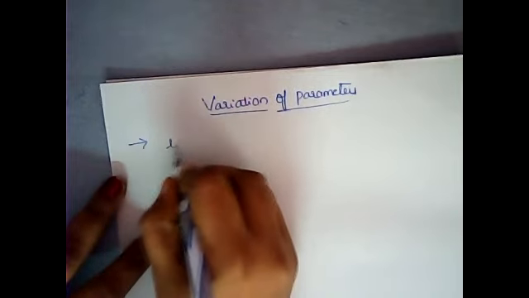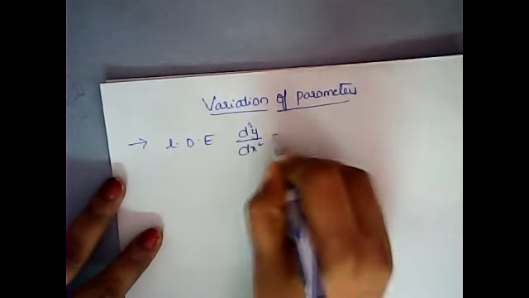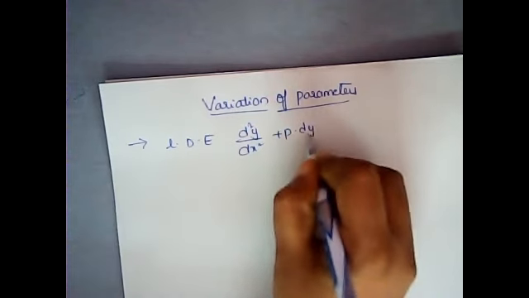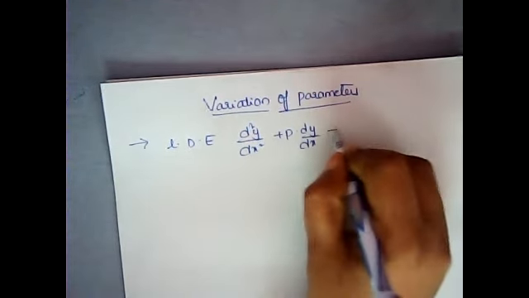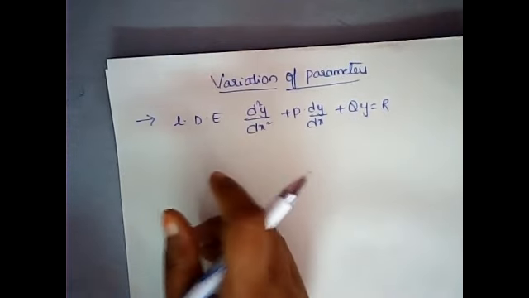Which is in the form of the linear differential equation, d square y by dx square plus p into dy by dx plus qy is equal to r here. Which means the given equation will be in this way.